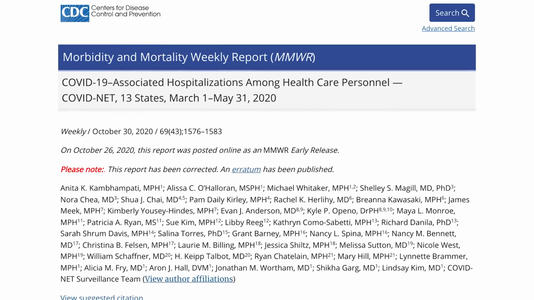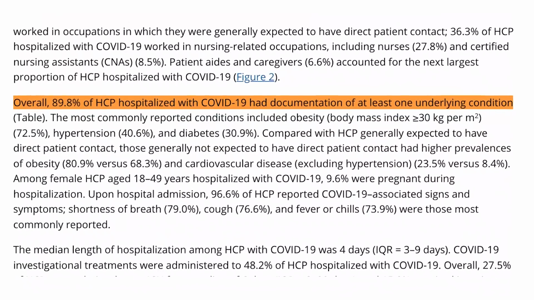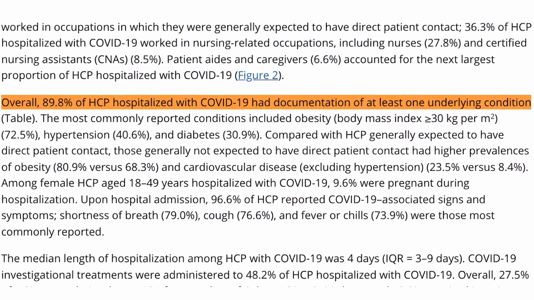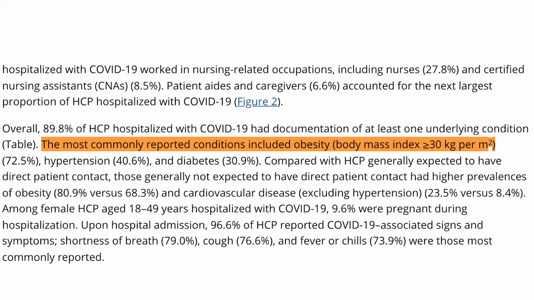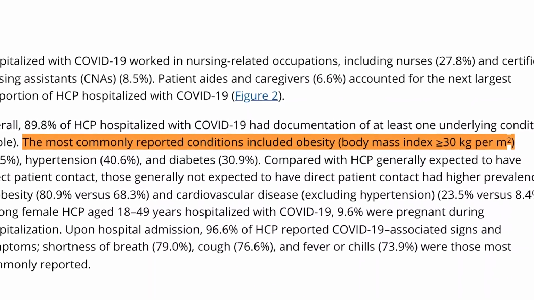A meta-analysis published by the CDC found that 90% of healthcare workers hospitalized with COVID-19 had at least one underlying chronic condition, with obesity being the most prevalent.